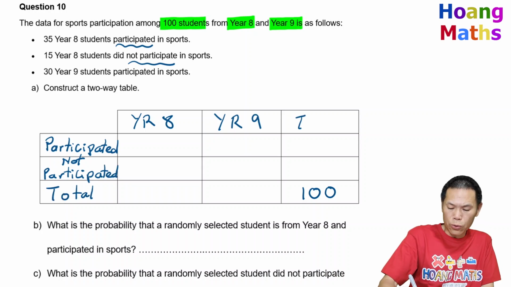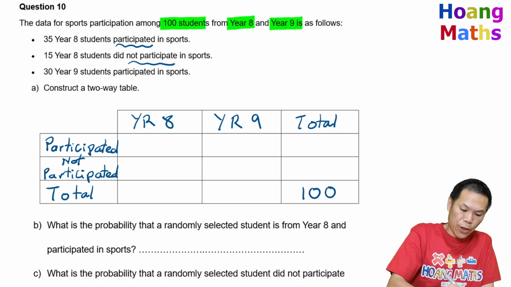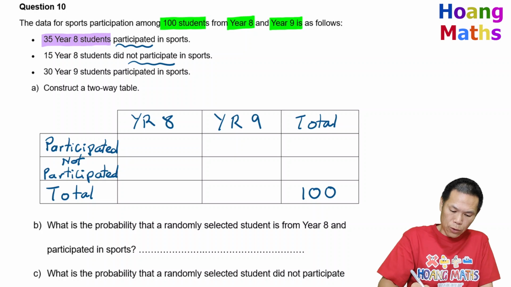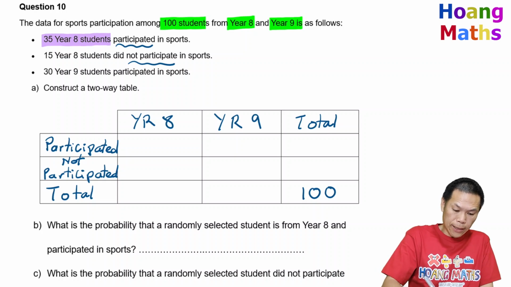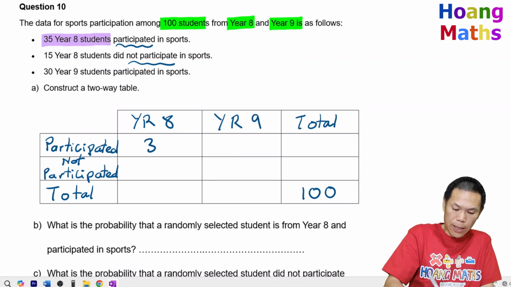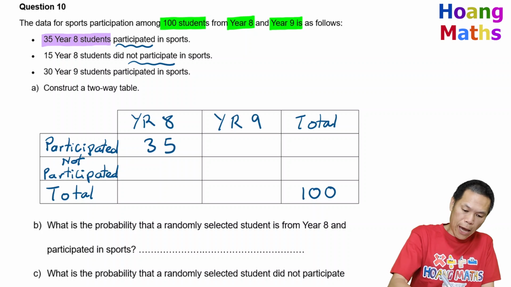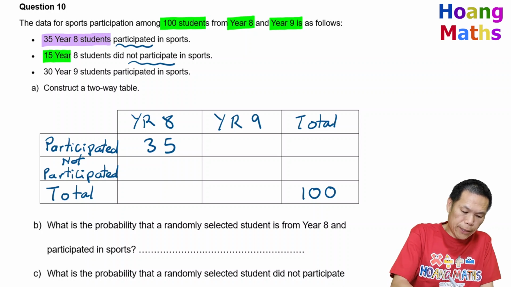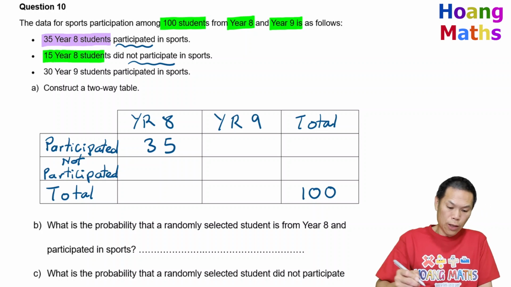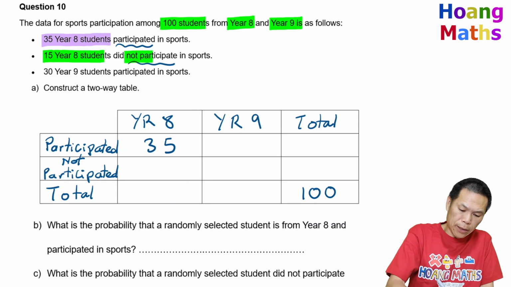And this is total. Now we have 35 year 8 students who participated in sport. So year 8 and 35 students participate, so that is here. And we have 15 year 8 students who did not participate in the sport.